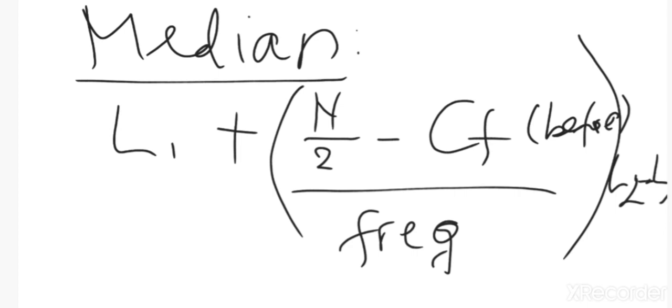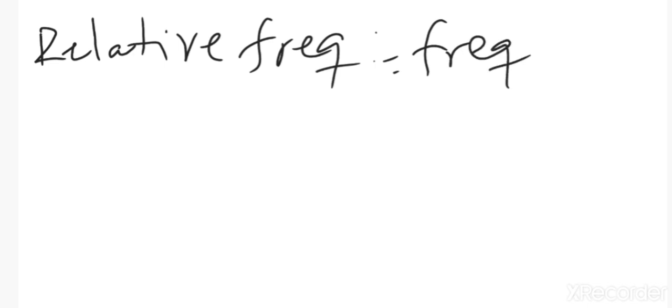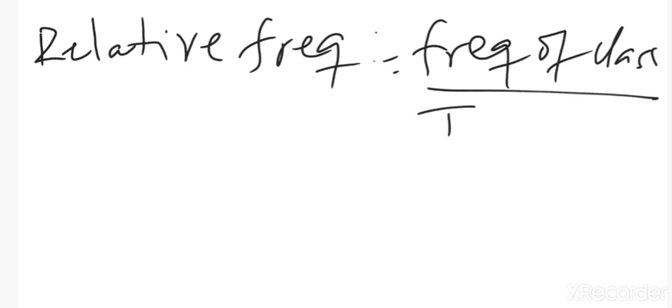I think you are hearing, and you are getting each and everything about this. So there is what we call relative frequency and the percentage distribution. If we say the relative frequency, there is a formula of calculating relative frequency, which is equal to frequency of class over total frequency.